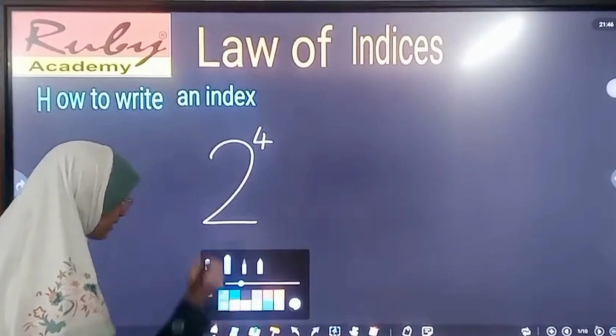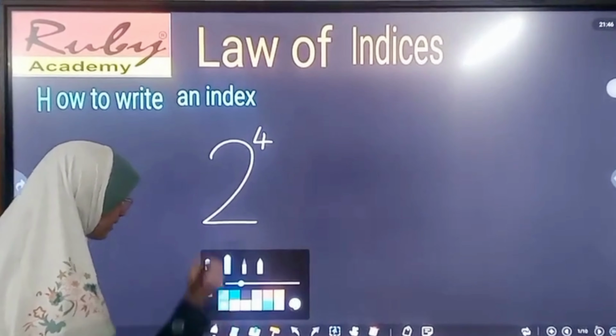Now let's start with law number 1, the multiplication law. What is the multiplication law? This law states that when the bases are multiplied, the powers will always be added. Let's write this law.